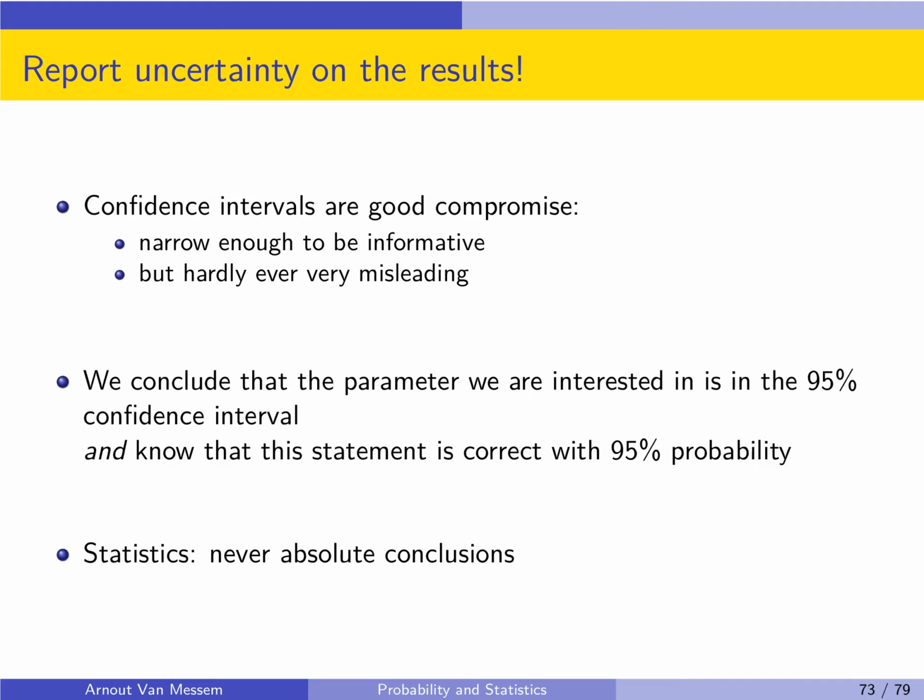And we can conclude that the parameter that we are interested in is lying inside of the confidence interval in 95% of the cases, so the statement that we make is correct with 95% probability. So it's important to know that statistics is never about absolute conclusions. There is always a probability associated with a certain conclusion.